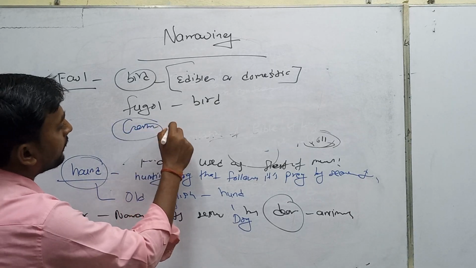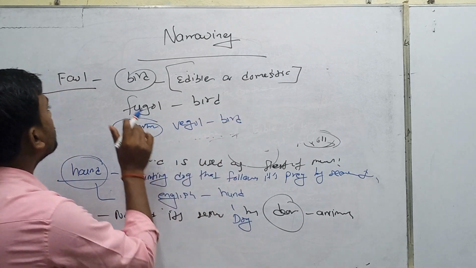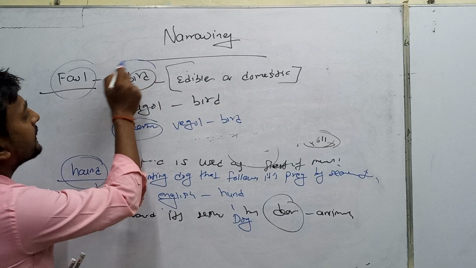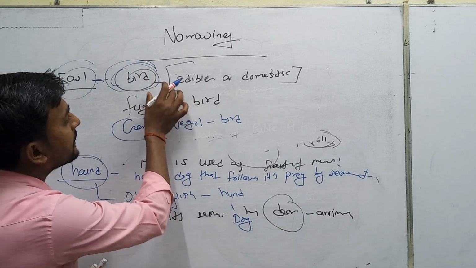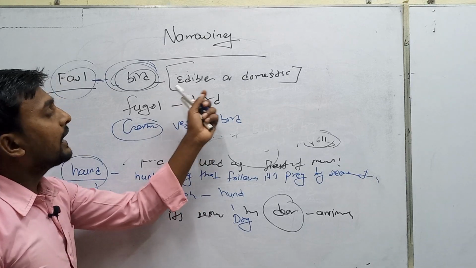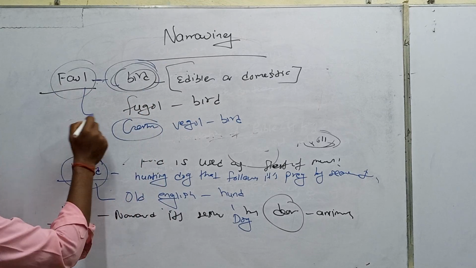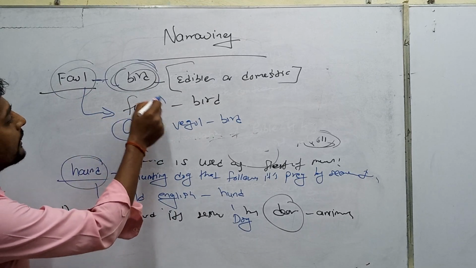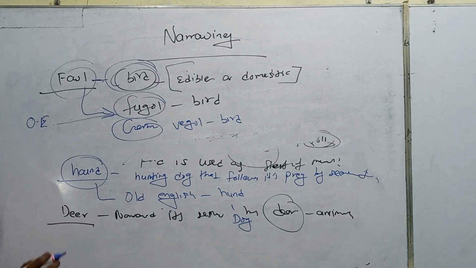In German, Vogel means bird. So fowl means an edible or domestic bird, and it was the narrowed form of fugol, an Old English word.